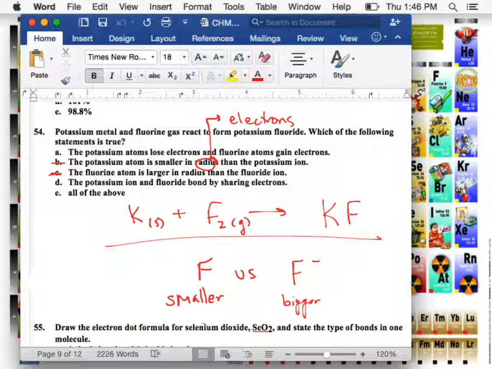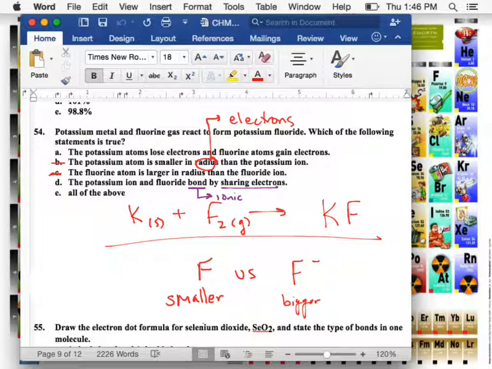Potassium ion and fluoride ion bond by sharing electrons. Okay, so there I'm going to have to pull at keywords. Bond and sharing electrons. Well, what kind of bond do I get between potassium and fluoride? It's an ionic bond. And do ionic bonds share electrons?